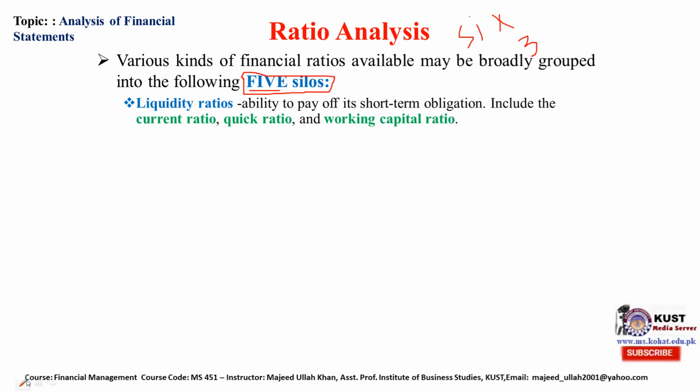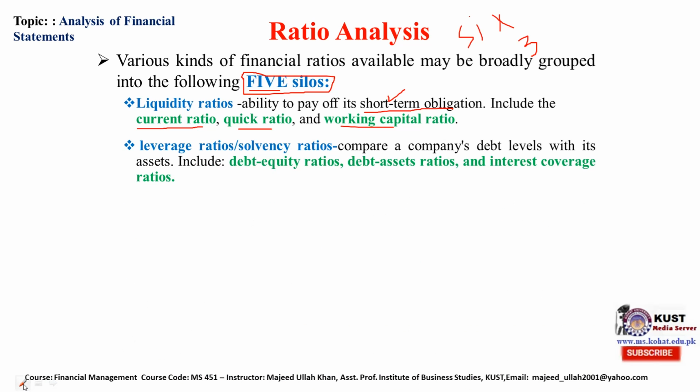The first group is liquidity ratios. What are liquidity ratios? These ratios show the ability of the company to pay off its short-term obligations. Is the company in a position to pay its short-term obligations or not? Liquidity ratios are all about short-term obligation paying ability. They include the current ratio, quick ratio, and working capital ratio.